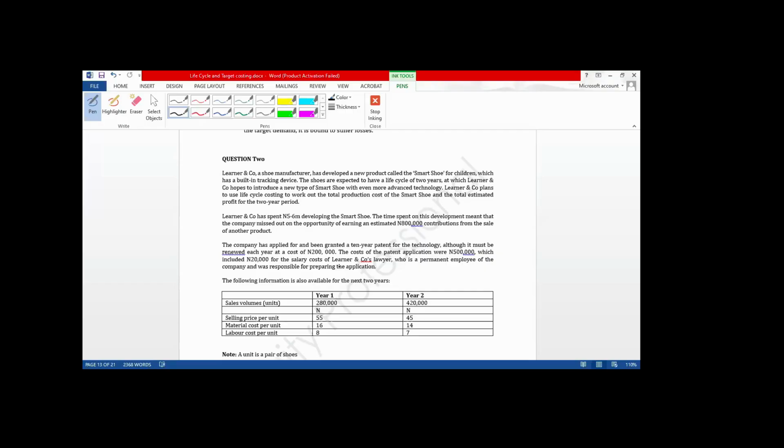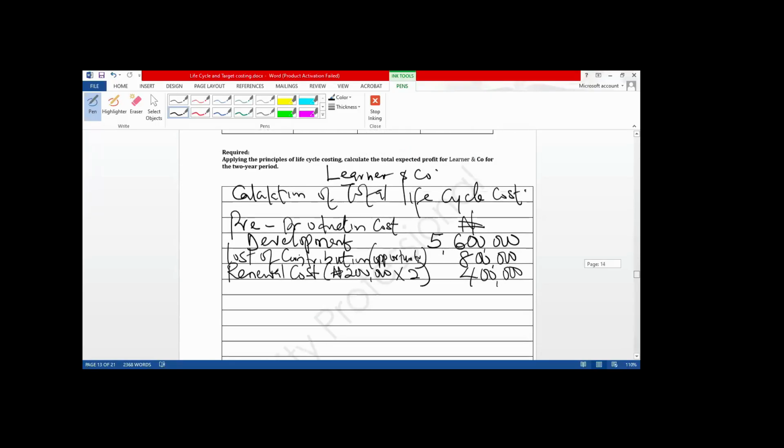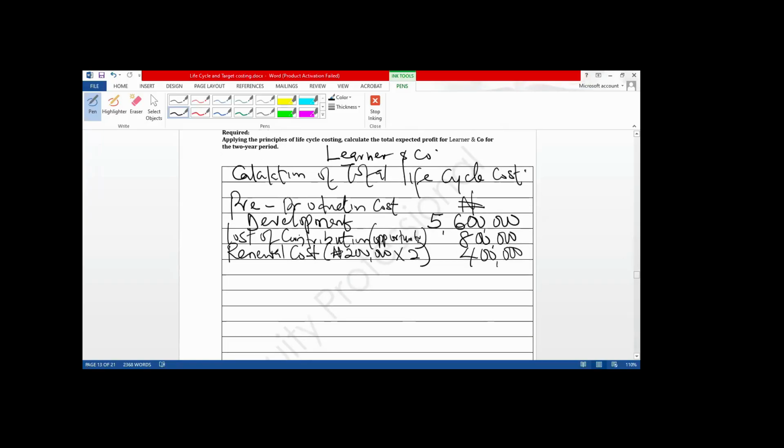Unavoidable cost is not relevant. So we are going to remove salary of the lawyer. He's a permanent staff of the company. He must be paid the salary whether or not we apply for patents.